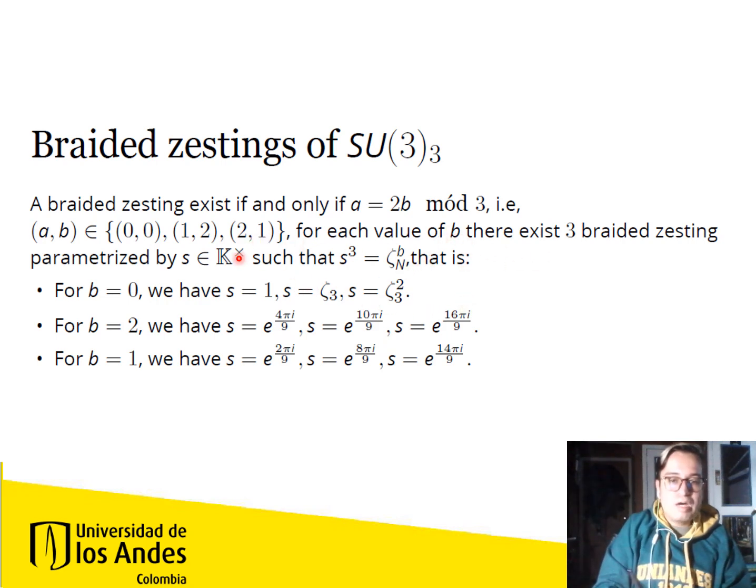And for each of these pairs, we have 3 different values of s that admit a braided testing for my category. Here, for b equals 0, we have these 3 possible values. For b equals 2, we have these 3 possible values. And for b equals 1, we have these 3 possible values.